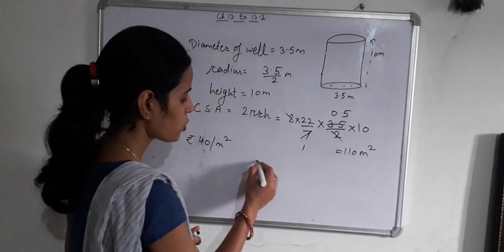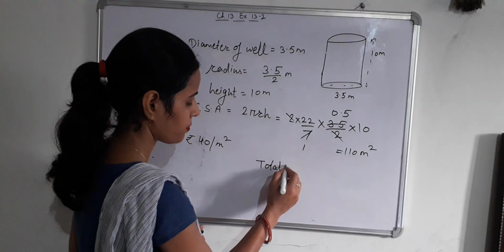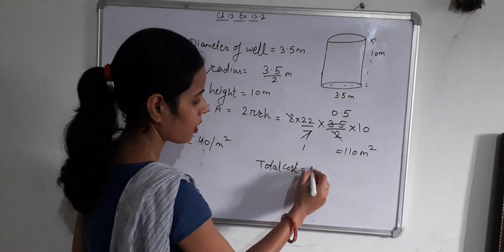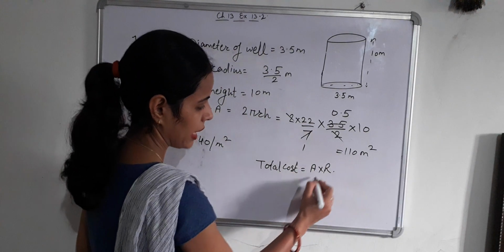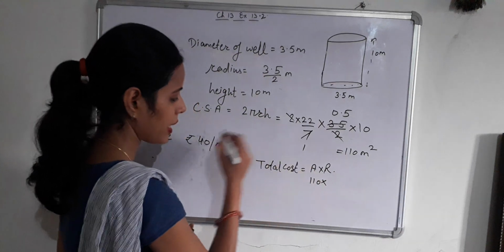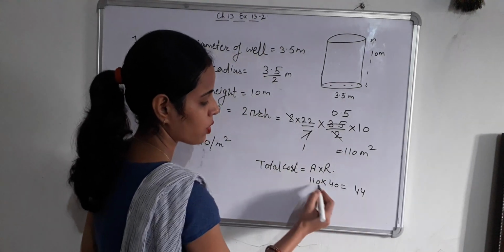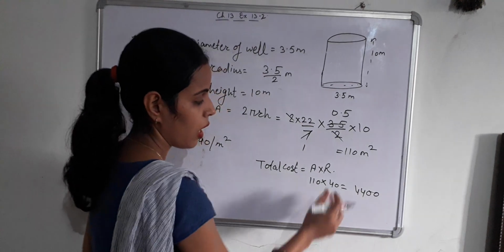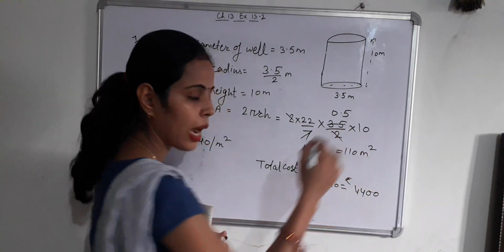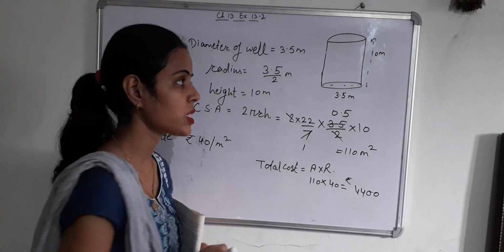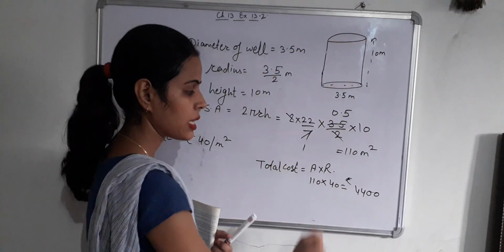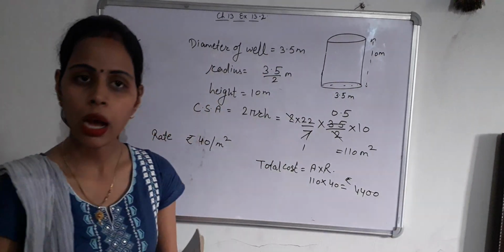Total cost equals to area into rate. Area is 110 and rate is 40. 11 into 4, 44. 0 and 0, 20. Rupees 4400. So the total cost of plastering this inner covered surface area will be rupees 4400.